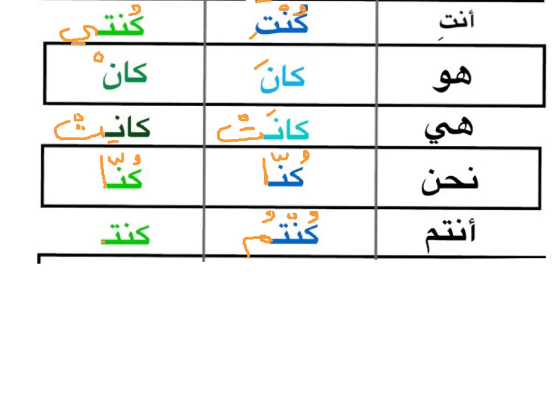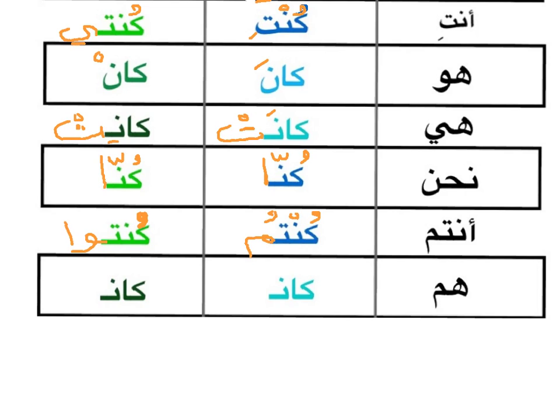And انتو كنتو. انتو كنتو فين? I want to do a perfect dhamma for you. انتو كنتو. Close enough. هم كانوا. And هم كانوا. Same thing in Egyptian. See, it's easy. For the listening, you can review page 66 of your book.